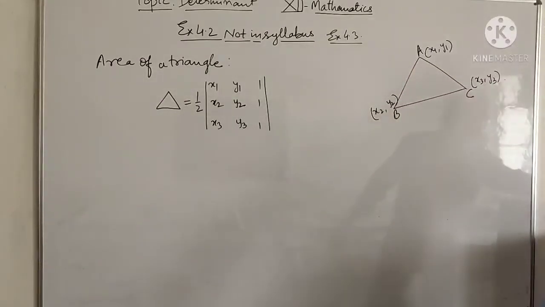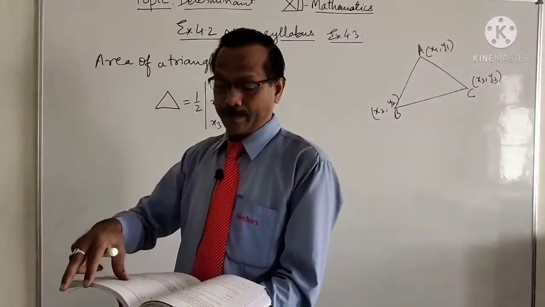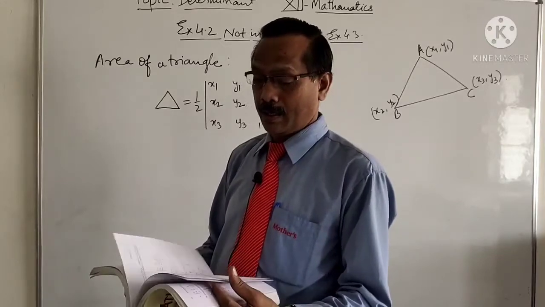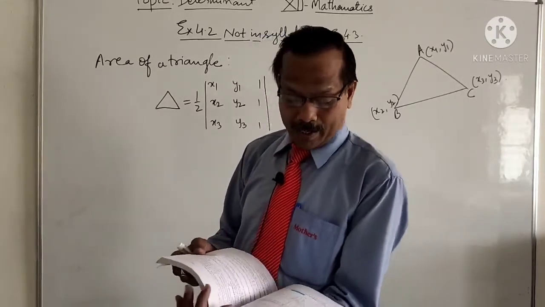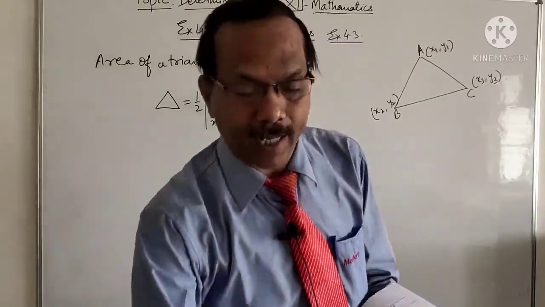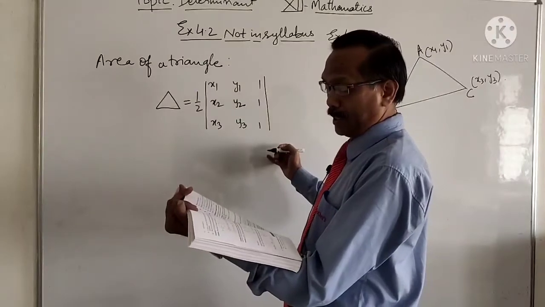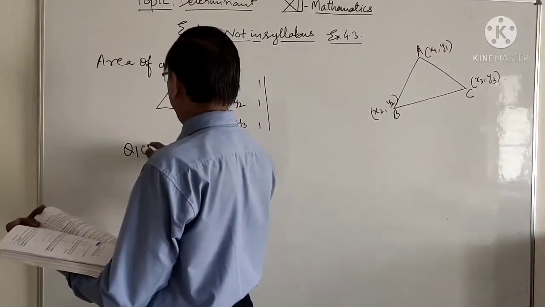Now, see one question. Find the area of the triangle with vertices at the points. Question number 1, first part.